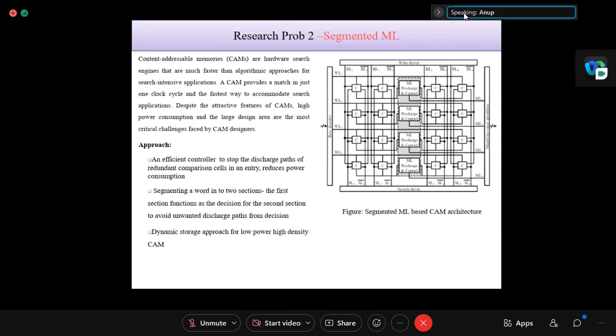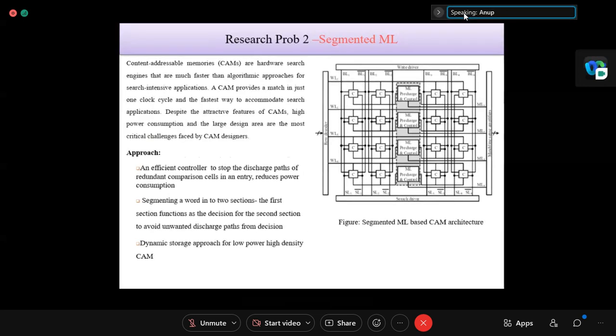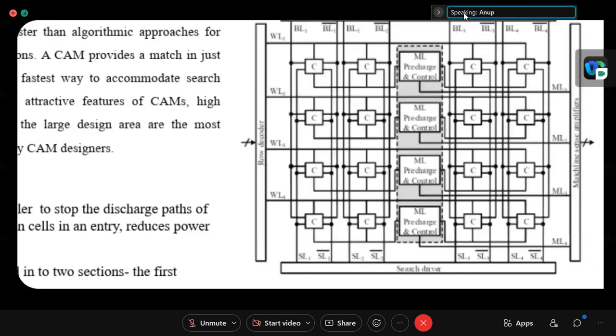Here, you see, in the middle there is a control circuit. That is the ML control circuit, the ML precharge and control.